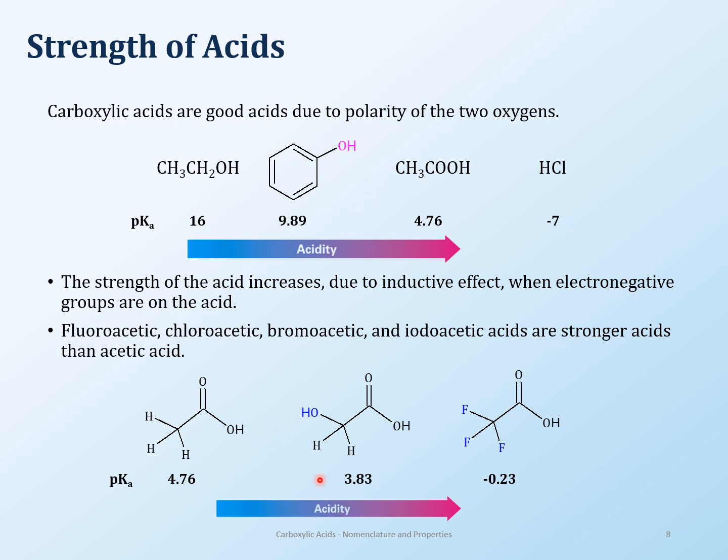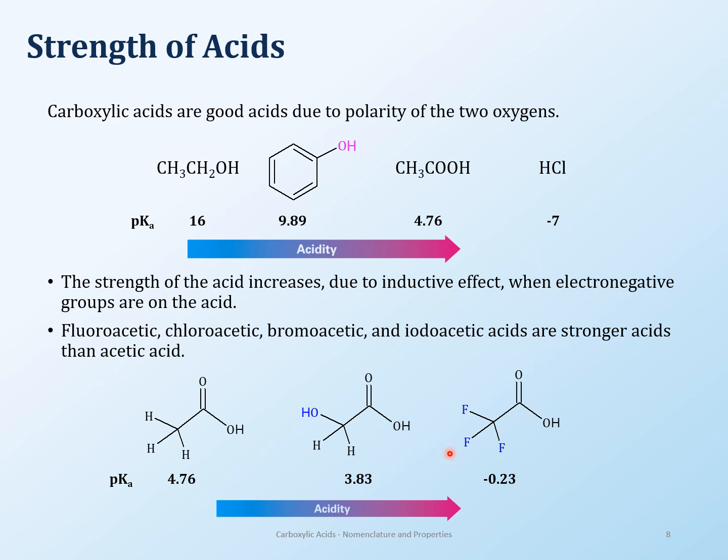Here, if you look at all these acetic acids that I've given you, different kinds of acids: if you had just the 3 hydrogens, it's a normal acid. But if you add an OH, which is an electronegative group, then the acidity increases. And if you have 3 fluorines on there, acidity increases even more. Now it's almost as strong as, I wouldn't say HCl, but it's definitely getting there.